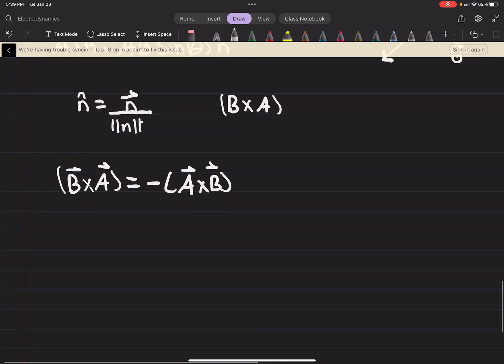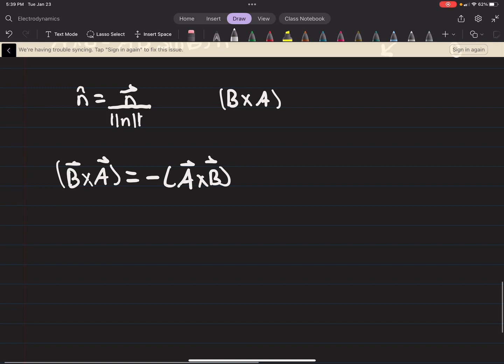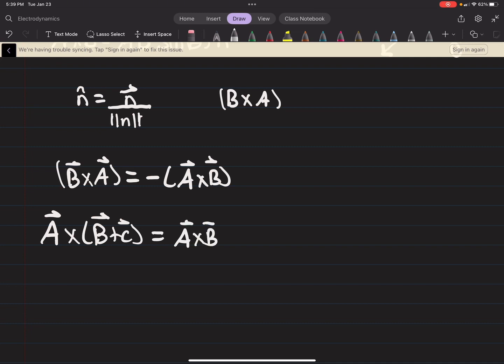Another property about the cross product is it's distributive. So if you cross vector A with the addition of two vectors, it basically works how you think it would. You do A cross B plus A cross C.